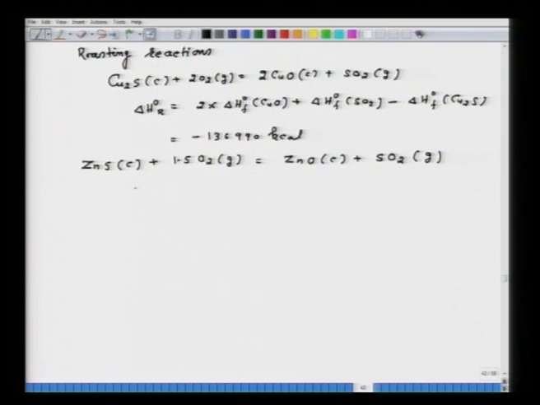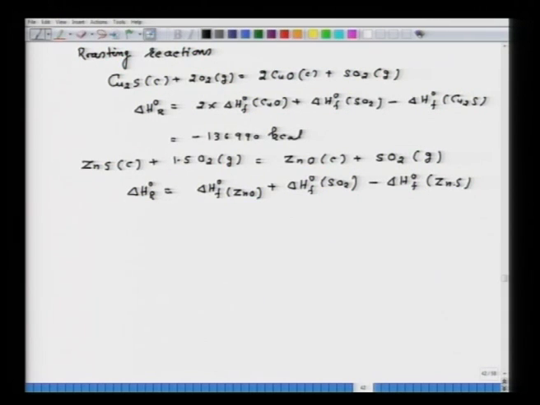Here again you have to write delta H naught R, the heat of reaction, that will be equal to delta H naught F ZnO plus delta H naught F SO2 minus delta H naught F ZnS.